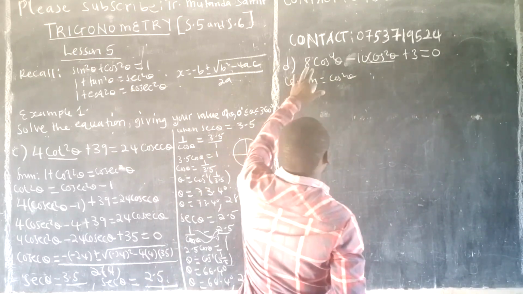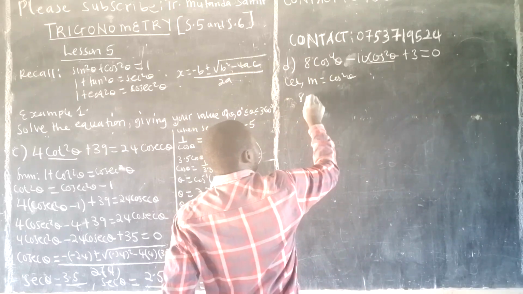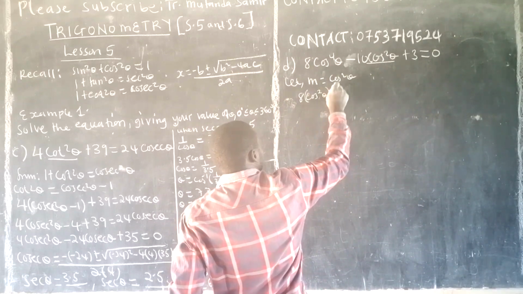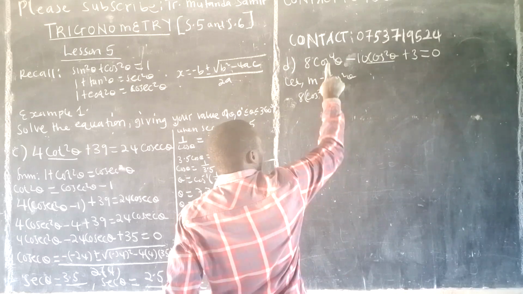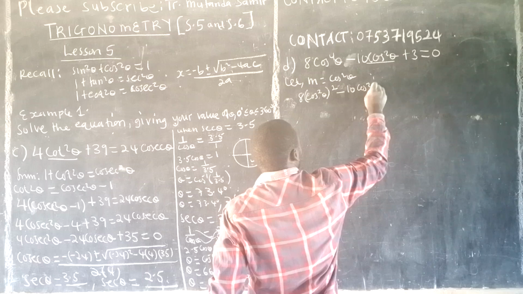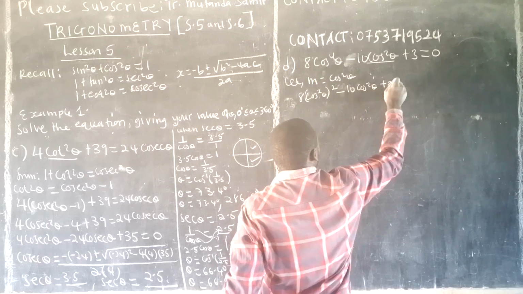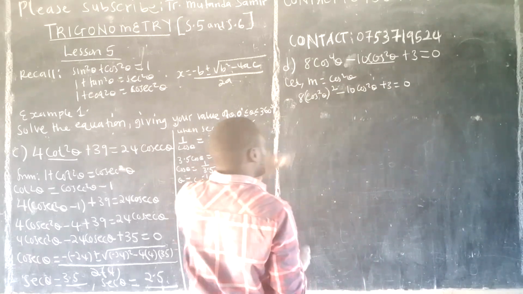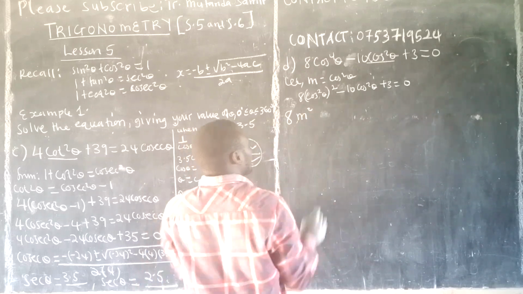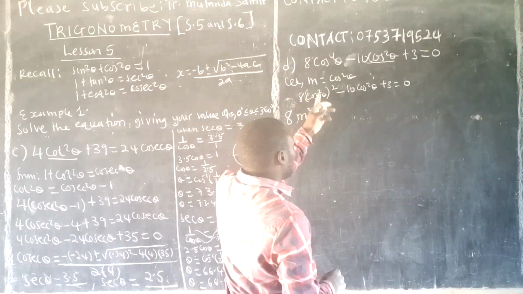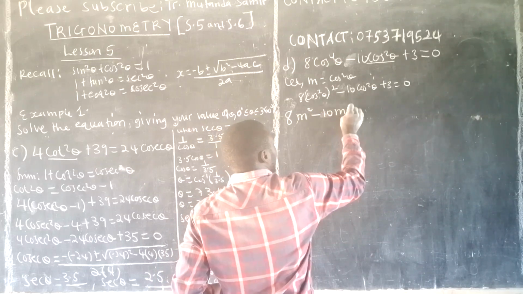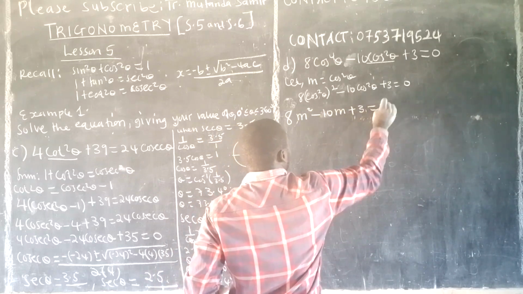For this case, it is like 8 times (cos squared theta) squared, because that gives cos to the power 4, minus 10 cos squared theta plus 3 equals 0. This means 8 m squared minus 10 m plus 3 is equal to 0.